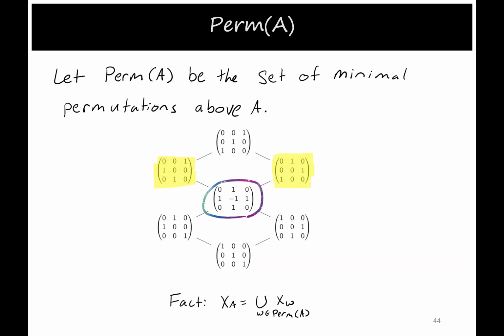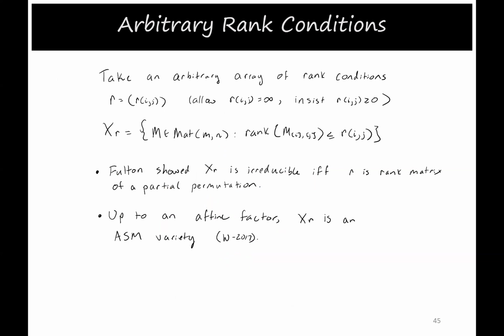But anyways, so one could say, okay, these corner sums of ASMs were nice, but maybe we're missing stuff. Maybe there's more wild rank conditions that we could put down and we could give some random rank table. Like maybe it has infinity, maybe it has 2.5, which we could round down to 2.